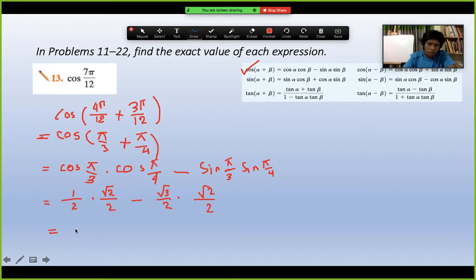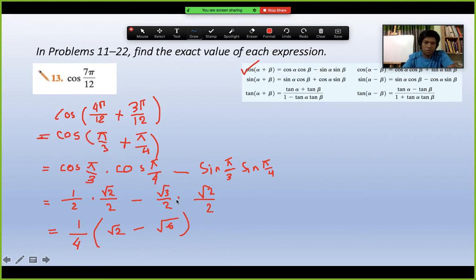So in one line, if I write it, I think you will understand. 1 divided by 4 is here, 1 divided by 4 is here, so if I take 1 divided by 4 common, it will become root 2 minus, this is root 3, this is root 2, so total is root 6, because inside the root we can multiply them. And this is the answer for this math. So that's the end of this math.